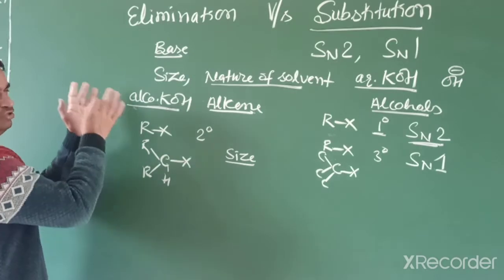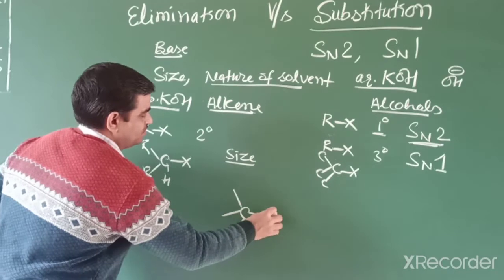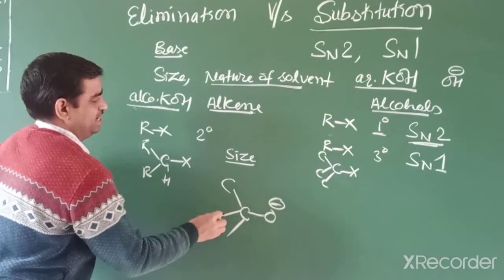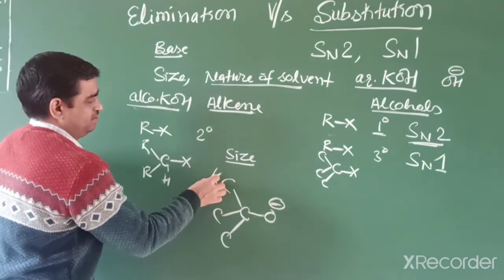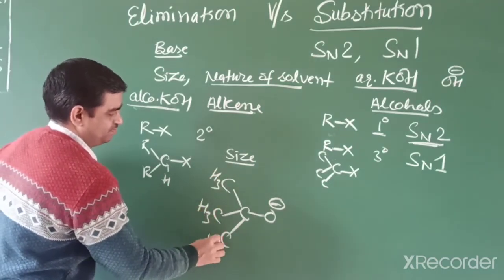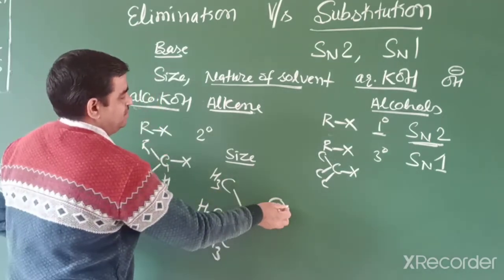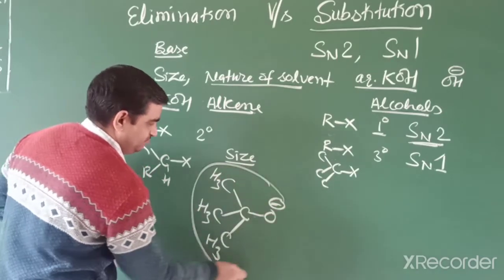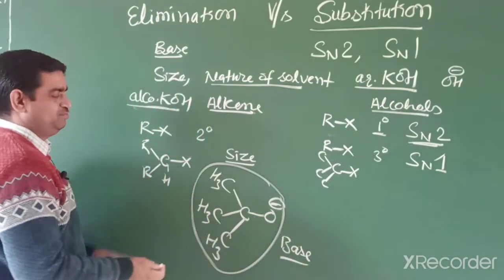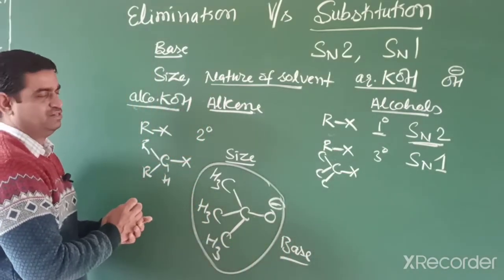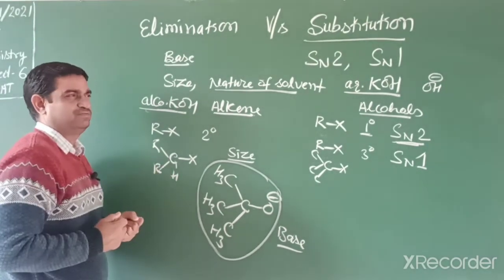If the base is larger in size, for example tertiary butyl oxide, which also acts as a nucleophile, then it is a larger size nucleophile and it also acts as a base. If the size is larger, it behaves as a base, and the major product is elimination. With tertiary butyl oxide, the major product is alkene, because it abstracts a proton.